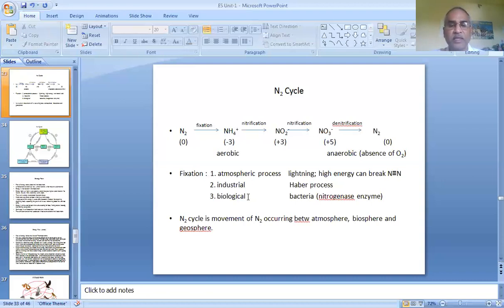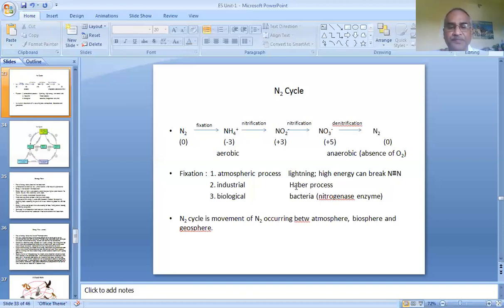And the third one is the biological way. You can use nitrogenase enzyme, which can break the nitrogen-nitrogen triple bond. That is done by bacteria. Bacteria produce this enzyme.